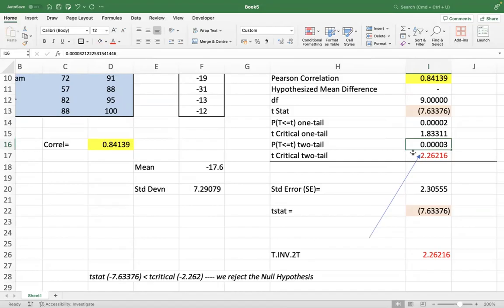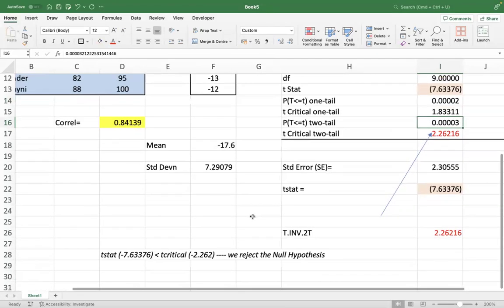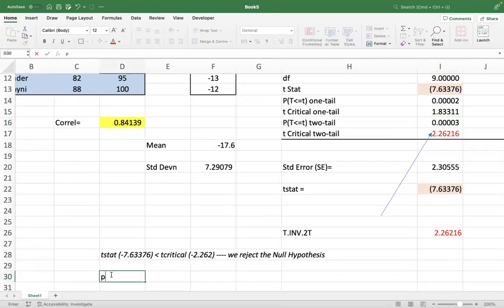If your p-value is lower than 0.05, then what does it mean? Again, 0.05 is the 5% significance level, which is your alpha. If your p-value is lower, again, what is the significance? We reject the null hypothesis.